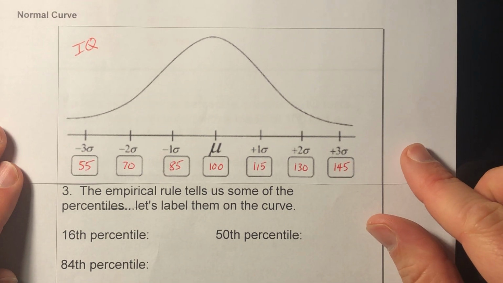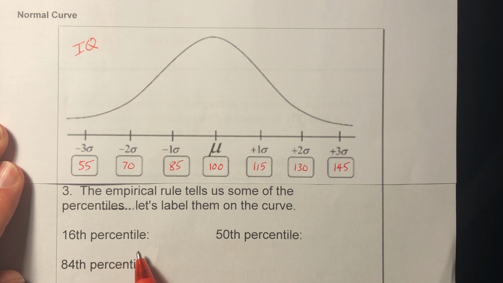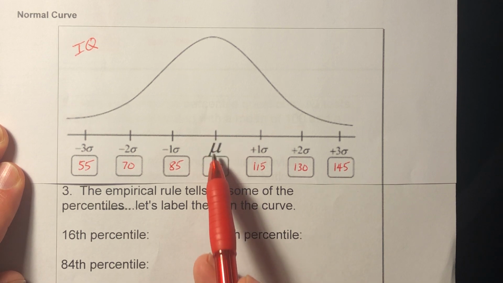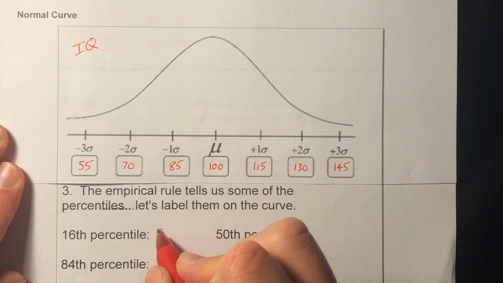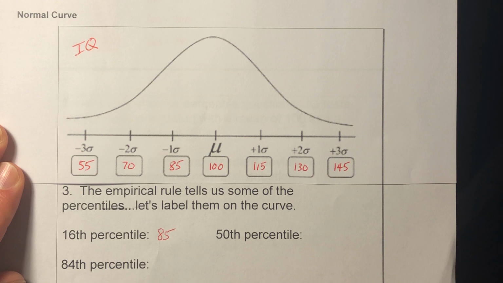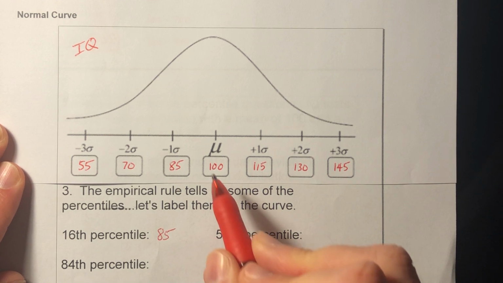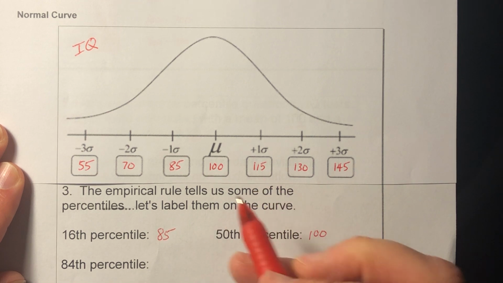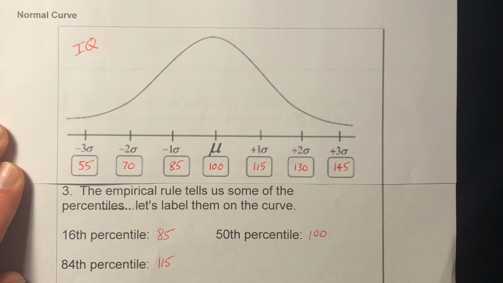All right. So 16th percentile, what would be your IQ score? If you're in the 16th percentile, here's the middle, so 16% would be 85. Okay, if you're in the 50th percentile, your IQ would be 100 according to this data. If you're in the 84th percentile, you're right here at 115.